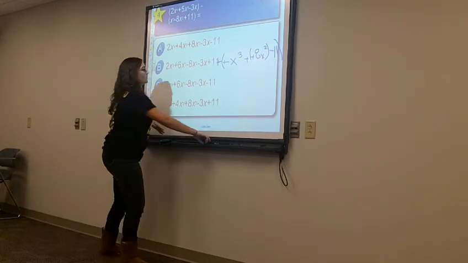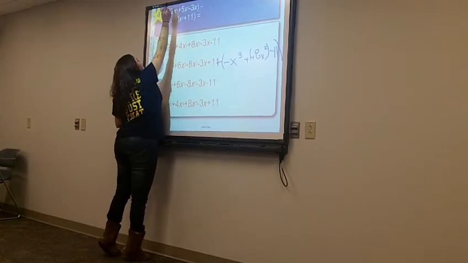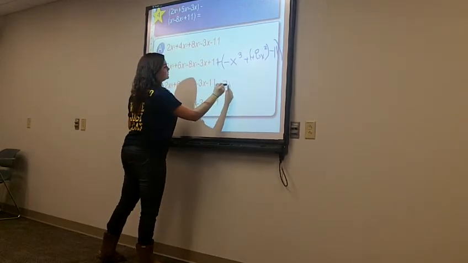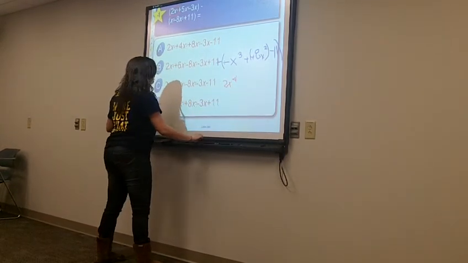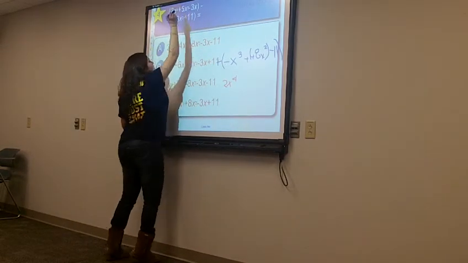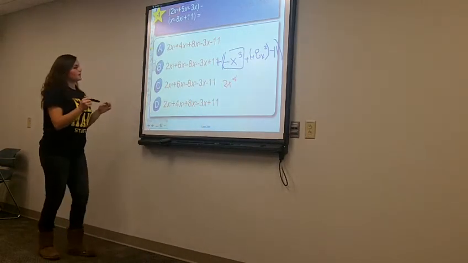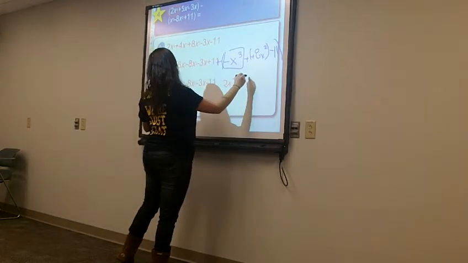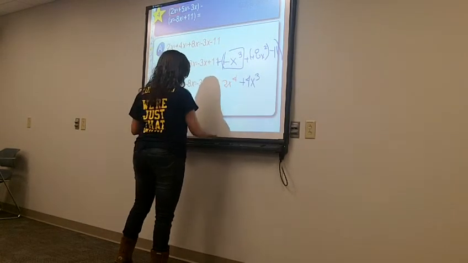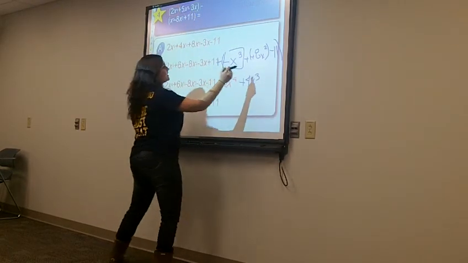So then we can group these together. So we have 1x to the fourth, so we'll have 2x to the fourth. And we have 2x cubed. So when we add those together, we get plus 4x cubed. We have 1x there.